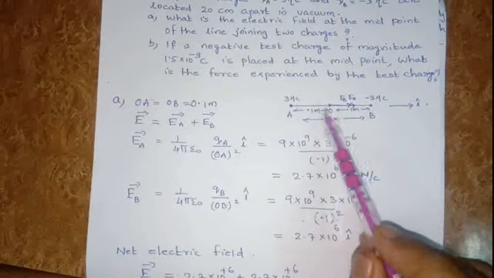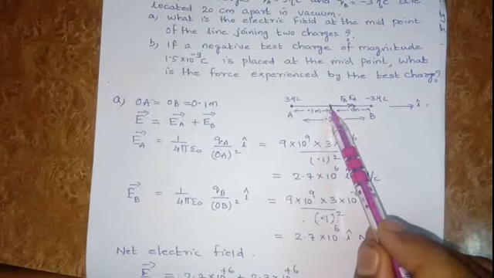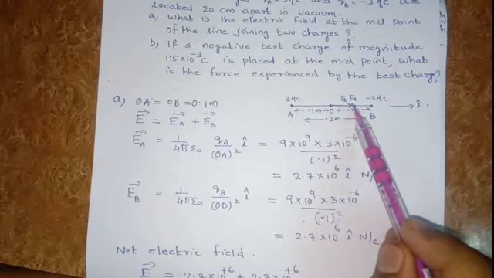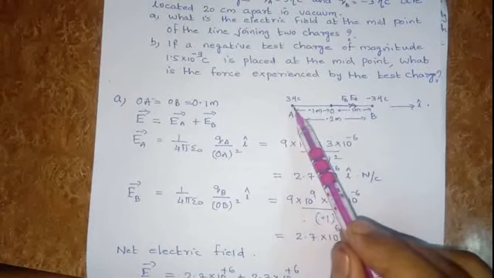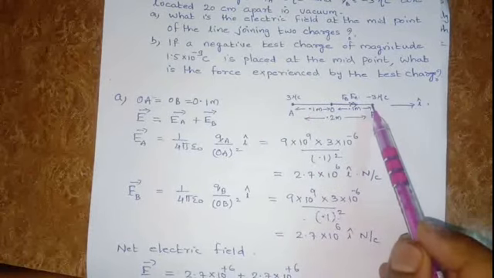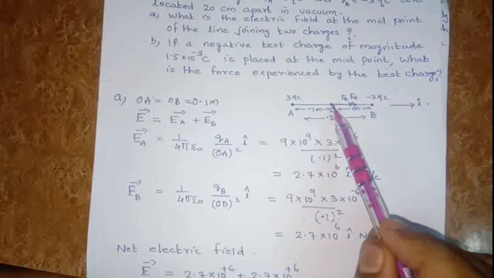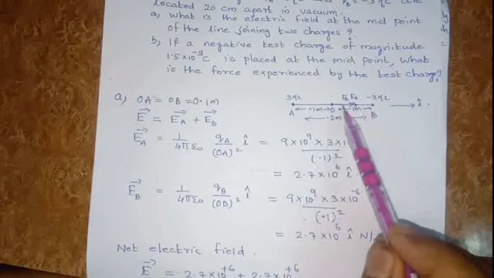Now look at this first charge. First charge exerts an electrostatic field here at center, and that is denoted by EA. The direction of EA is outwards because first charge is positive. And the second charge -3 microcoulomb also exerts an electrostatic field here, and that electric field is also in the same direction because this is negative charge.